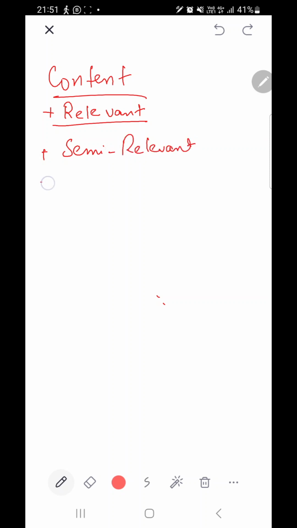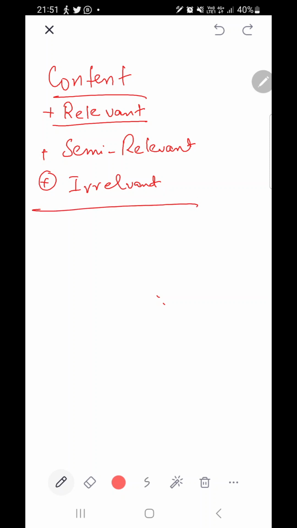So what we have in the content part, you would see relevant information. You can also see semi-relevant, and you can also see irrelevant information.